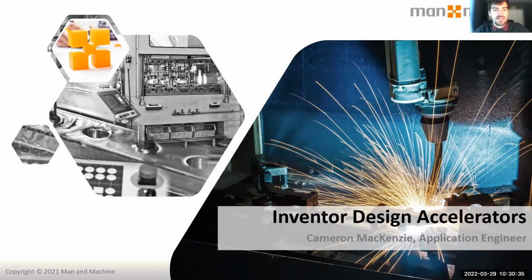But essentially for today, what we're going to be looking at is the Inventor Design Accelerators. Quick introduction to that: when we're designing inside of Inventor, up until now in the series, we've had a look at designing individual parts, and then designing inside of the assembly environment.